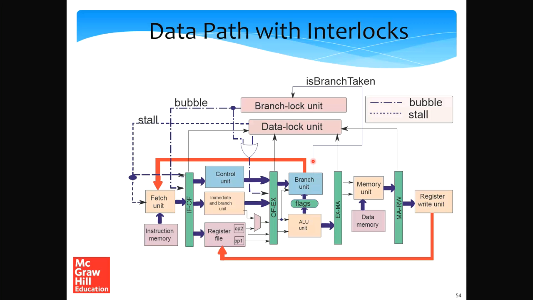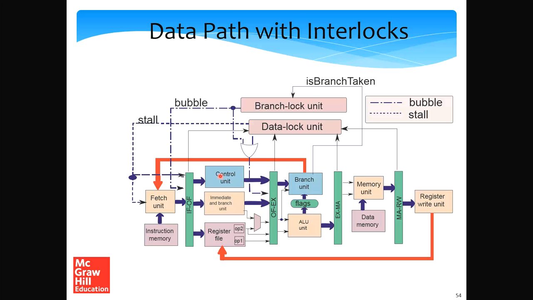What happens is, if we decide that the branch is taken, then we send a bubble signal to the IFOF register. This converts the instruction which is going from the IF stage to the OF stage to a bubble.